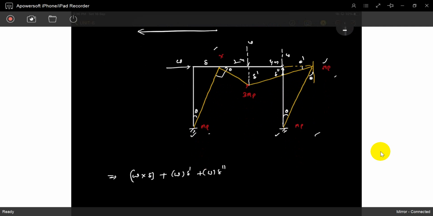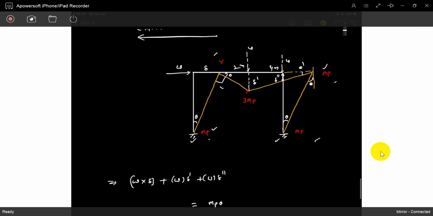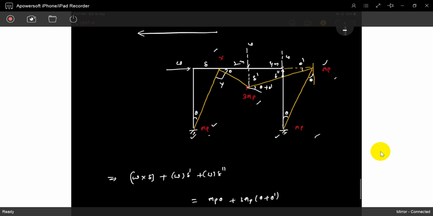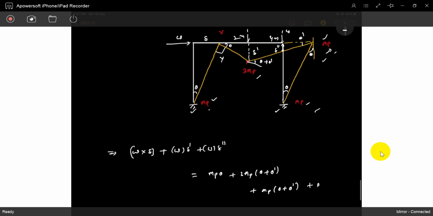That is equal to the internal work: here MP theta, here no chance. Here you can see this is theta plus theta dash, so 3 MP theta plus theta dash. Here MP theta plus theta dash. Here MP theta.